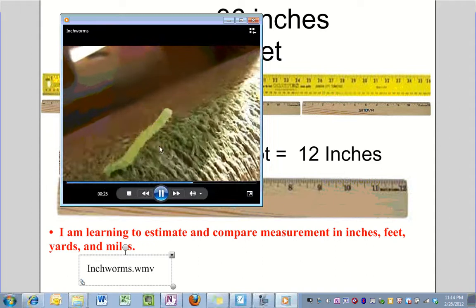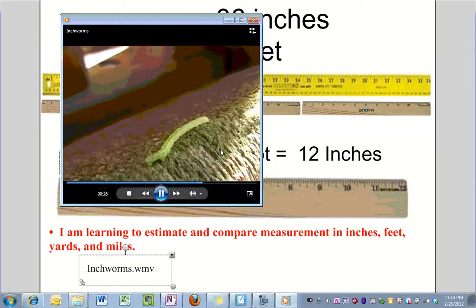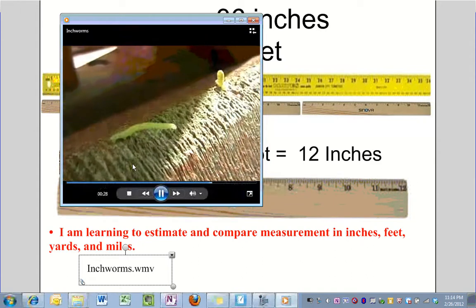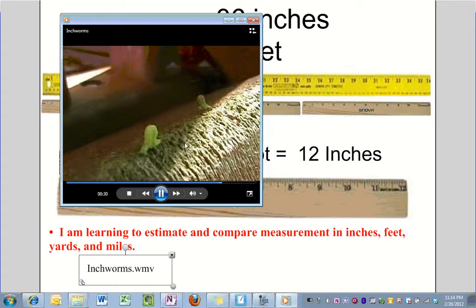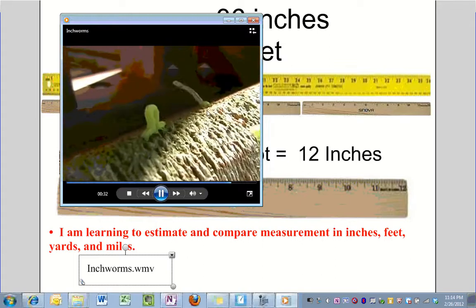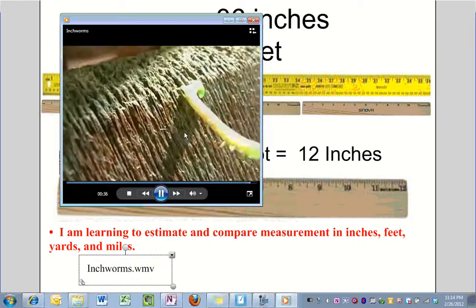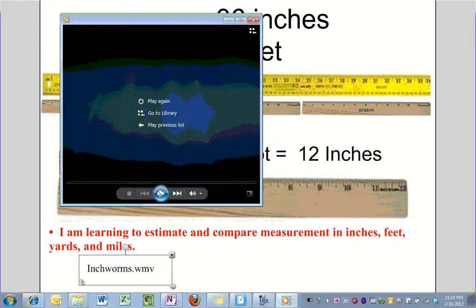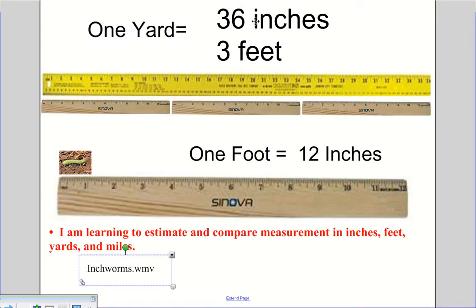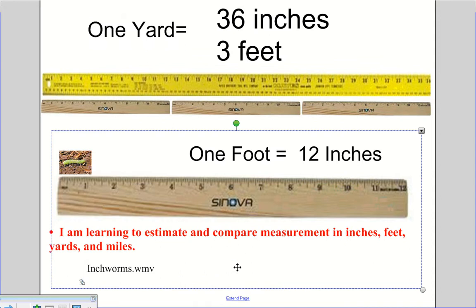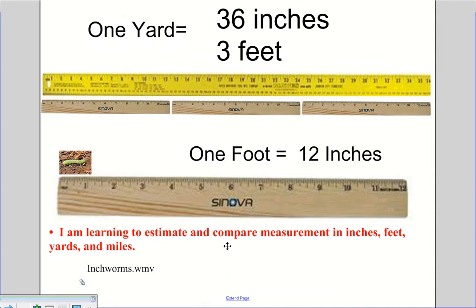And you can see how small they are in comparison to the playground equipment. You can even see the grains of the wood right up next to them. That's how small an inchworm is. So an inch really isn't all that big. I just wanted to show you that so we can get some real world feel about how big an inch really is.